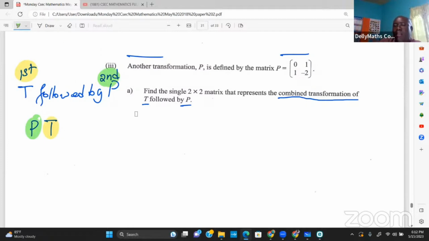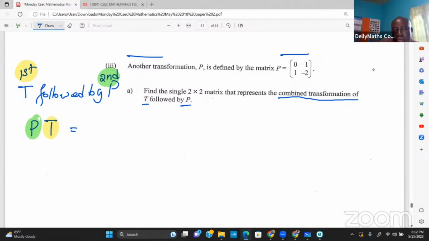But remember, the matrix that's going to work first must go to the right. We have to remember that. All right. No, you don't need to break down the half. It's fine. Decimals are not necessarily needed. All right, guys. So we're talking about PT there. So we're going to put PT together.